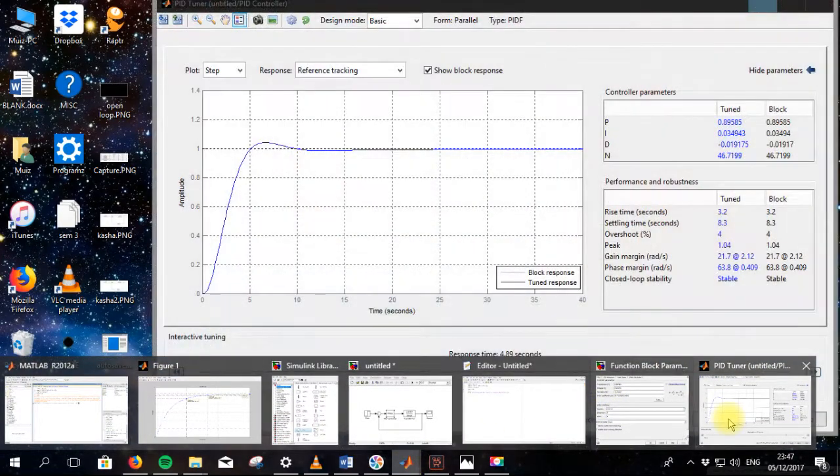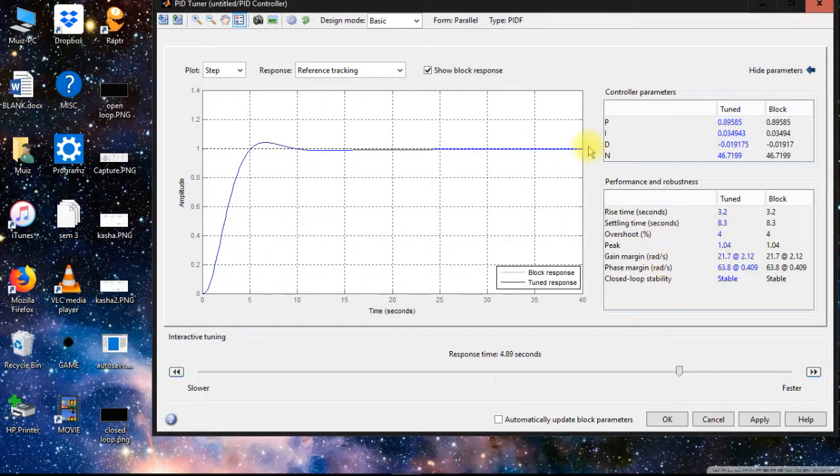Rise time, settling time and overshoot are different from the open loop system, and should get smaller than the open loop system. That's all for the analysis on open loop system and closed loop system. Thank you.